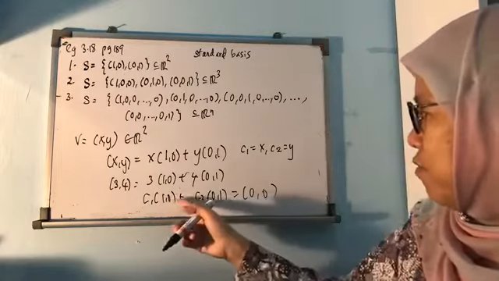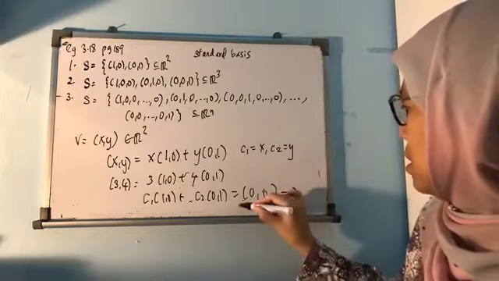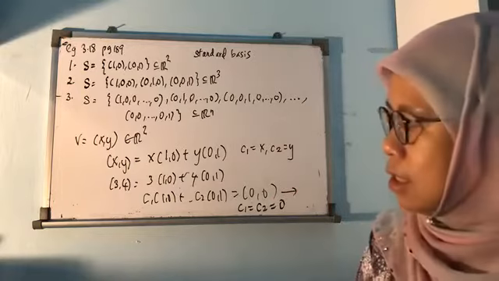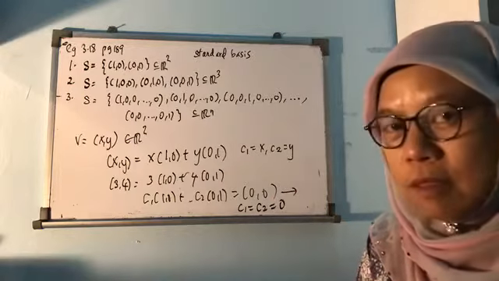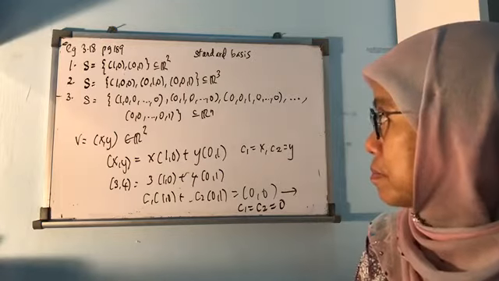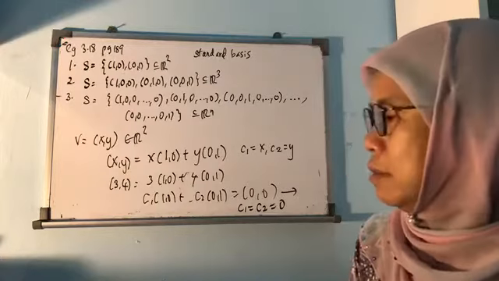Or you can solve directly, you will get this implies C1 is 0, C2 is 0. So also it is linearly independent. So for the standard basis it is easy. The same thing with the rest. So this is a basis.